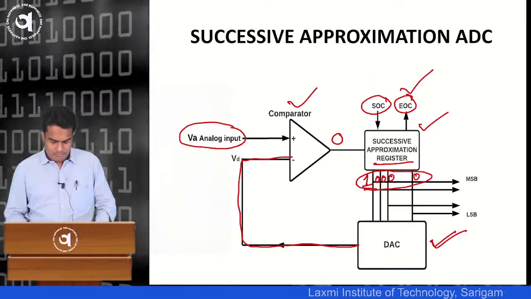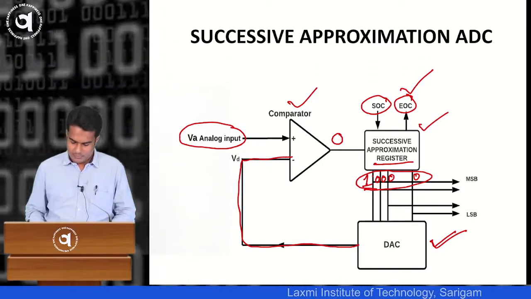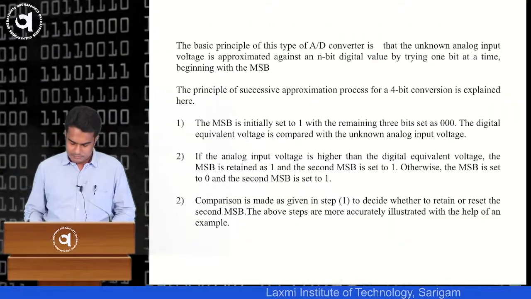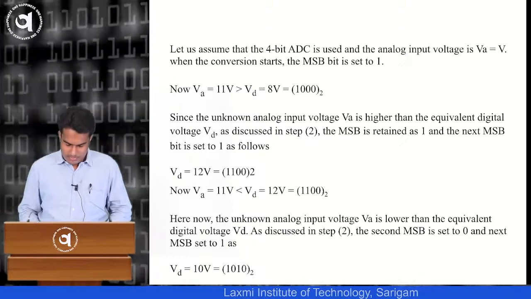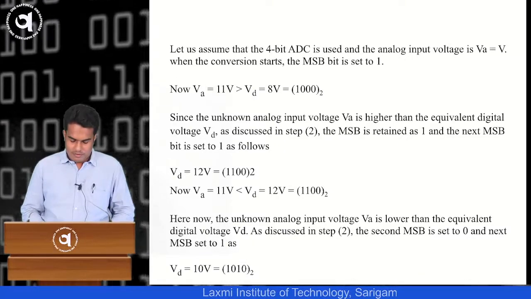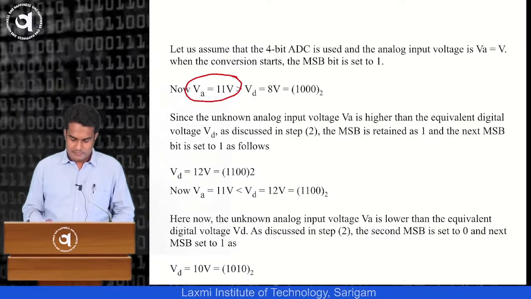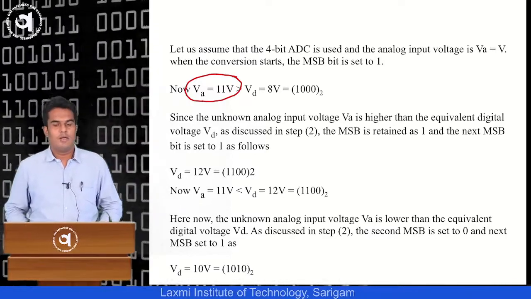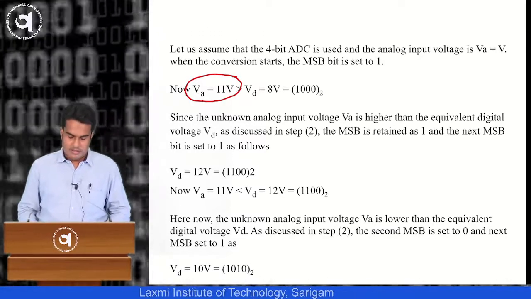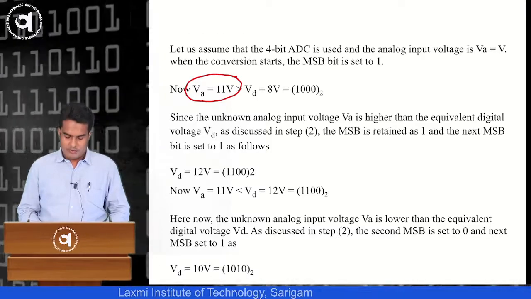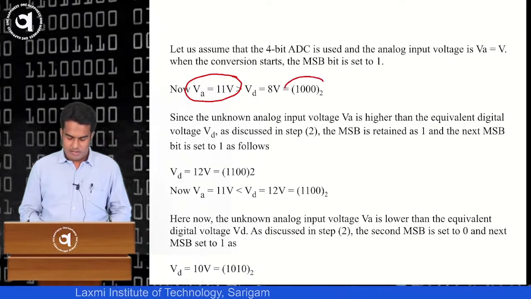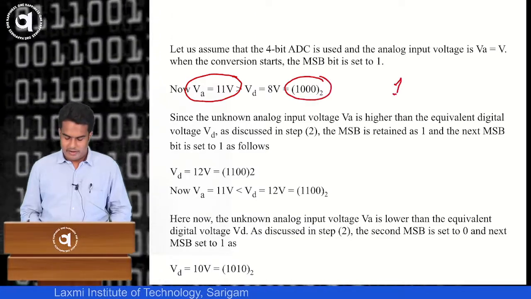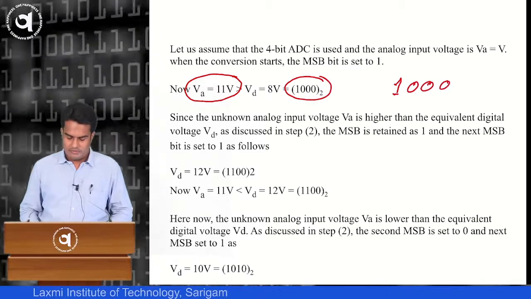Now suppose our analog input voltage is equal to 11 volt, and as I told, by default the digital value produced by the successive approximation register has MSB equal to 1 and all other bits equal to 0.